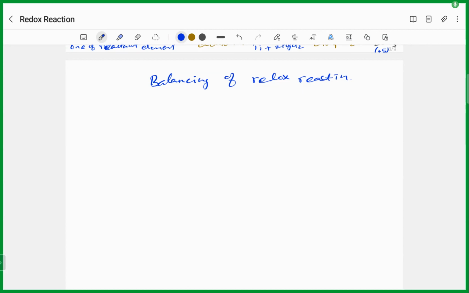So the oxidation number is changed. And also when you come here, 2 into 1 plus phosphorus, 2 into -2 becomes -1. So 2 plus P minus 4 becomes -1. P is equal to -2 plus 2, it becomes +1.